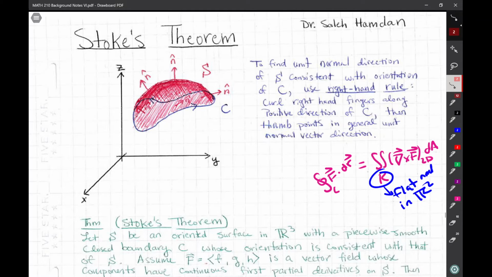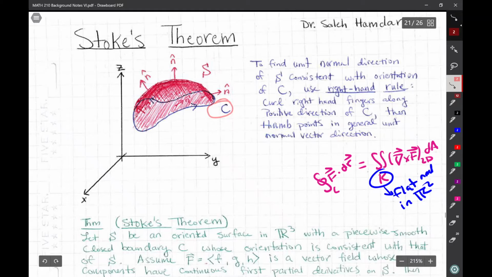So what could we do here for trading a certain derivative in the bulk on this surface for an operation at the boundary? Well, before we get into that, a quick note on what counts as up and down on a surface for a normal vector. We use the right-hand rule.